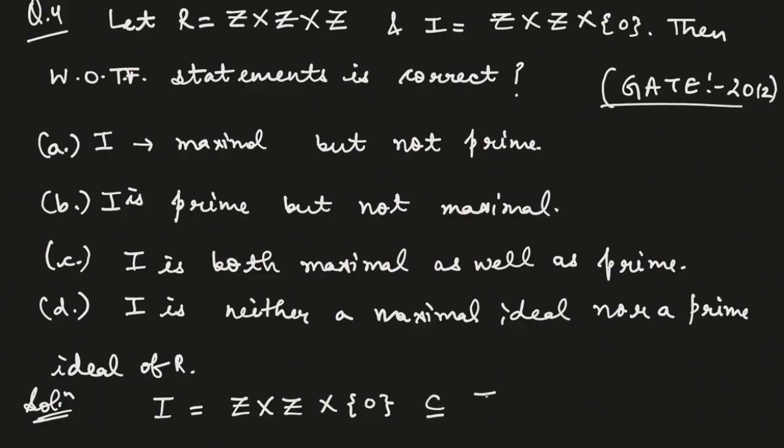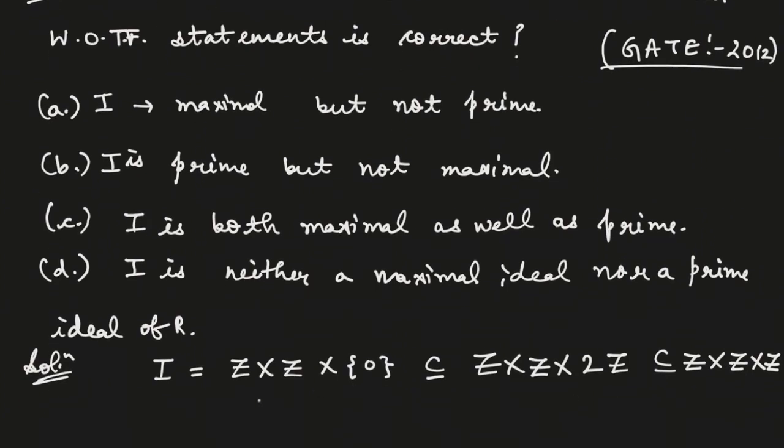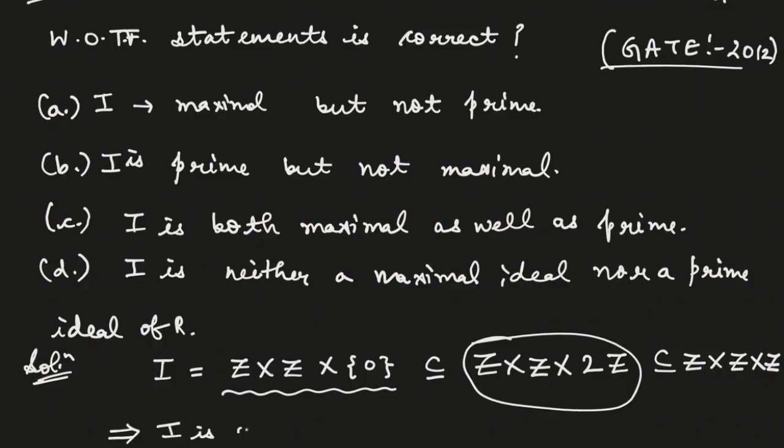This will be contained in Z × 2Z × 0 and this will be contained in Z × Z × Z. So clearly we can see that this I is not equal to this, neither this is equal to this ring R. So it is not a maximal ideal. So A part and C part, they are wrong.